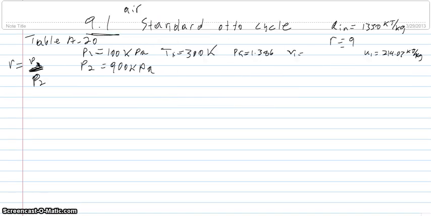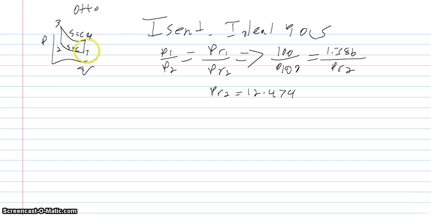So we go down, and we know V2 is equal to V3 from the PV diagram, right? 2, 3, V2 equals V3, and V1 equals V4.